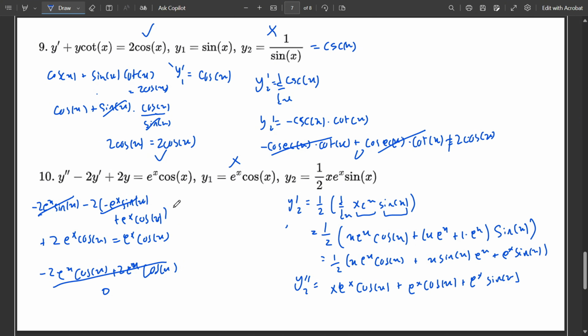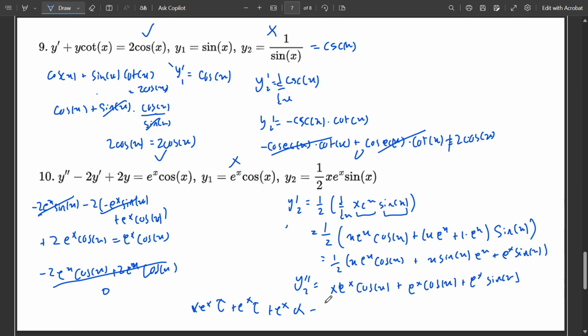We have x e to the x tau plus e to the x tau, plus x e to the x tau plus e to the x tau plus e to the x alpha, and minus 2 times y prime.